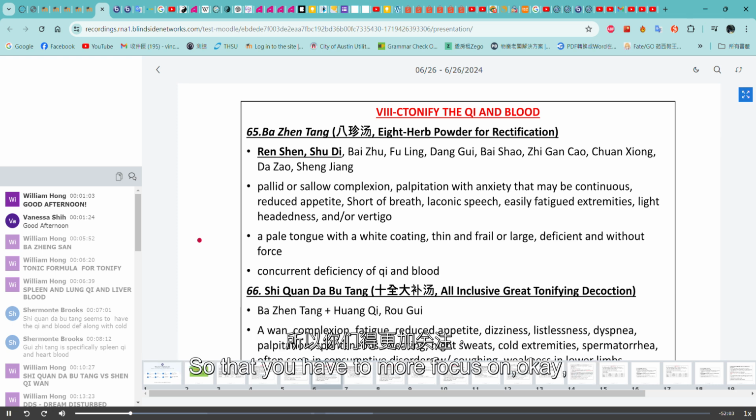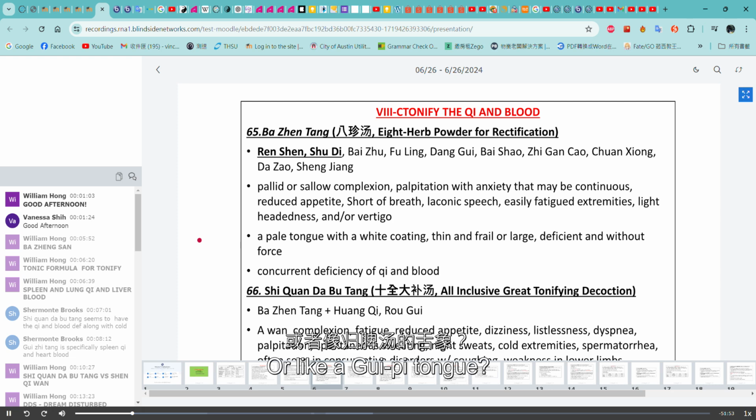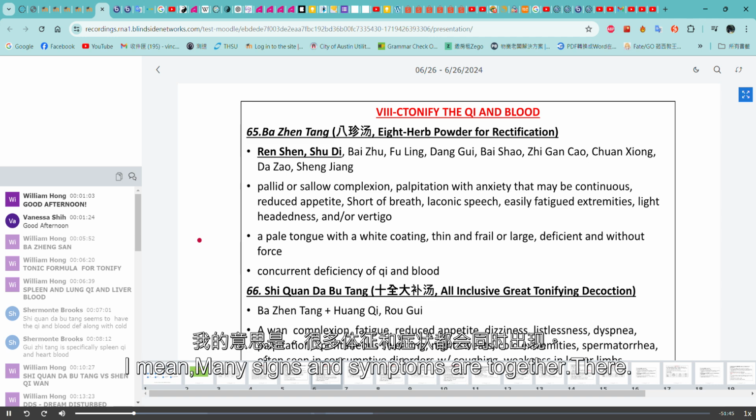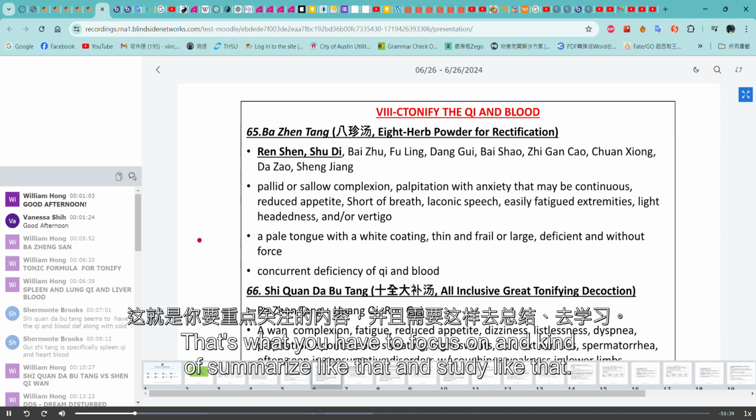So you have to focus on how I can tell this Ba Zhen Tang versus Shi Quan Da Bu Tang, or Gui Pi Tang, or Zhi Gan Cao Tang. This is pretty close. Many signs and symptoms are together there. So what are the key things to differentiate? That's what you have to focus on and summarize and study like that.